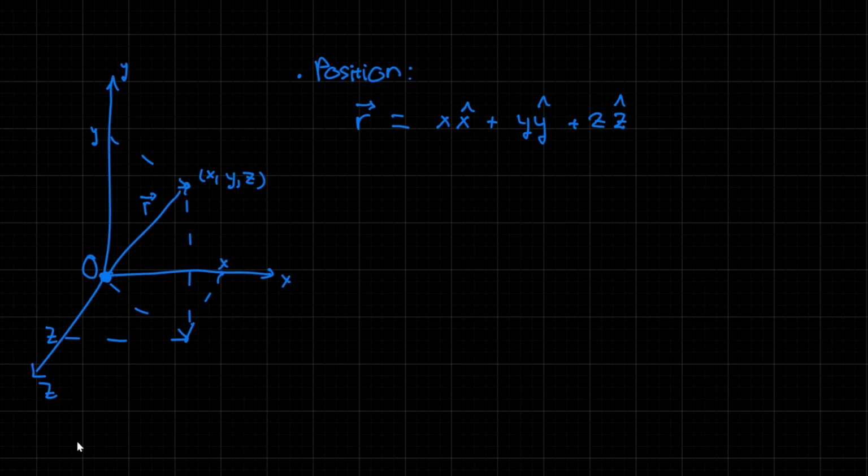And by the way, this is called the Cartesian coordinate system. And for right now, we will only work with this coordinate system. You can have other systems like the polar or the spherical system, but this won't be necessary, at least for now.